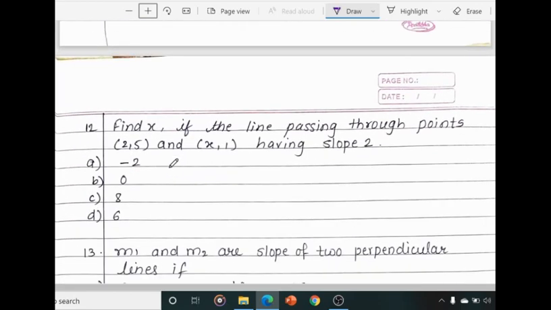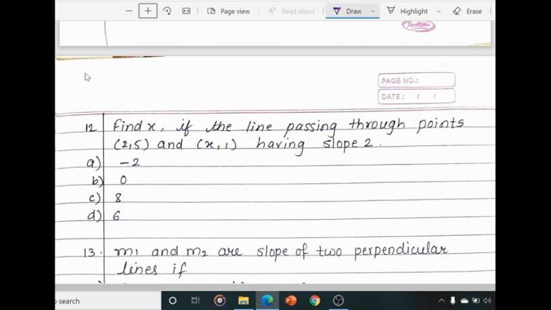Find x if the line is passing through points 2, 5 and x, 1. We know here again 2 points are given and we need to find out the slope. The slope is given and we need to find out the value of this point x.